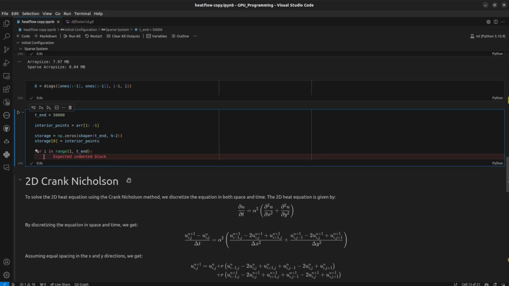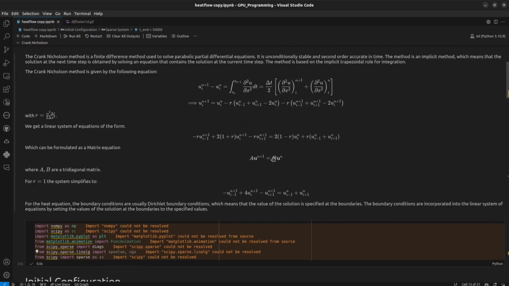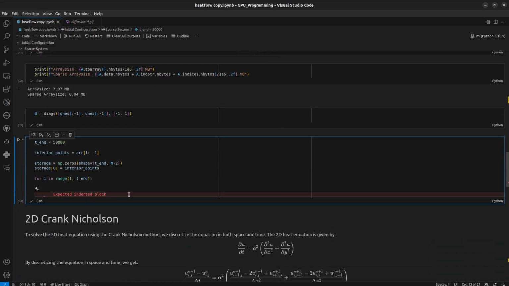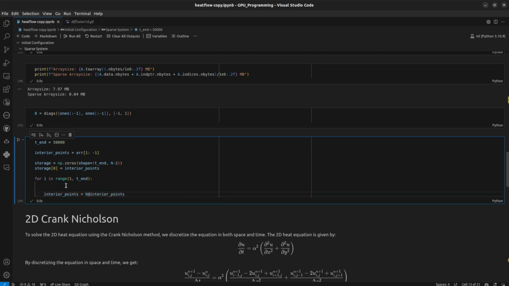Okay, what are we going to do? First, we can compute the right-hand side. So we just use this matrix vector product. So we use SB times the interior points.